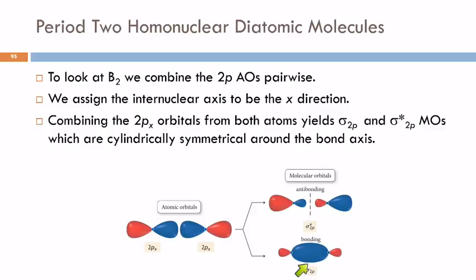Does that make sense? Because blue and blue makes it bigger. If we flip this one over so that we're combining blue with red, then these cancel each other out. This lobe out here isn't really affected, but this part in the middle, we cancel that out.